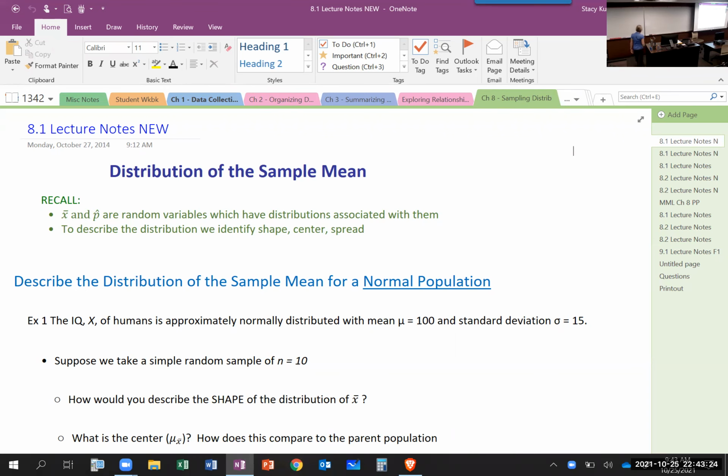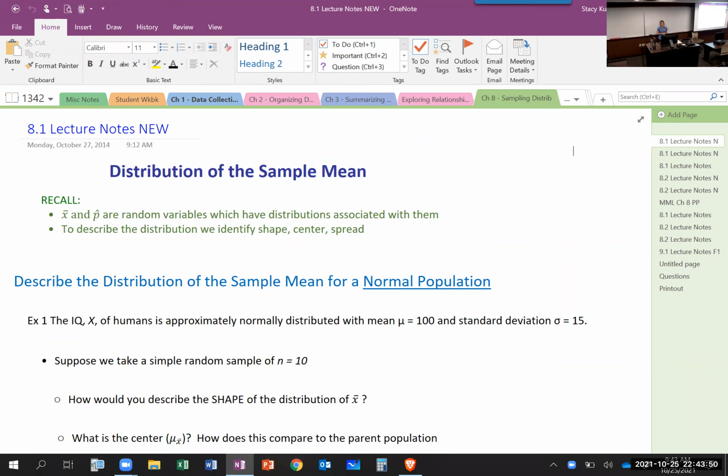And what we want to get in the habit of is, when I say describe the distribution, you want to start thinking, okay, I've got to identify 3 things in that description. I'm going to identify the shape, whether it's normal or skewed. I'm going to identify where the center is located, right? What is the value of the center?